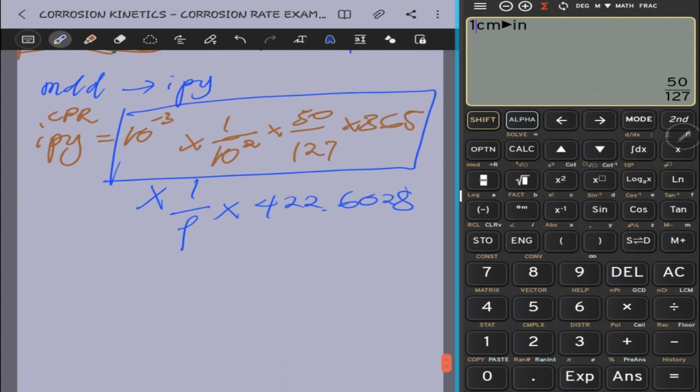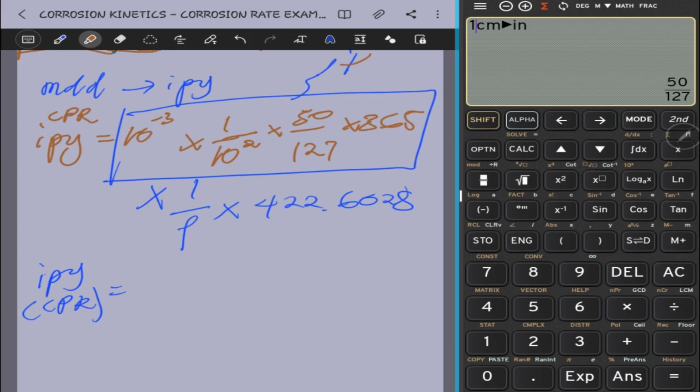So let's make it simpler. This IPY, which is the corrosion penetration rate, will be equal to the MDD value, multiplied by the constant here, which this whole thing we said is K, the conversion constant.